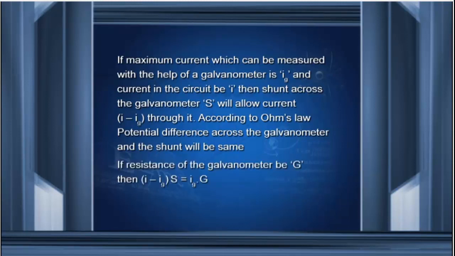If the resistance of the galvanometer is G, then (I minus Ig) into S will be equal to Ig into G. This is the relation which we obtained using Ohm's law. From here, the value of shunt S is equal to Ig into G divided by (I minus Ig).